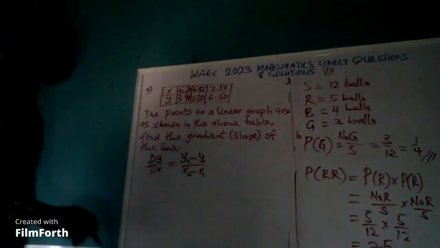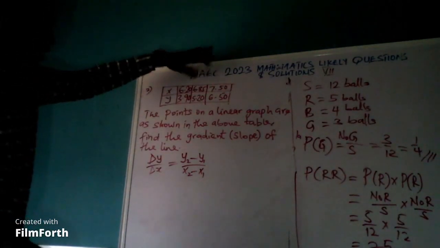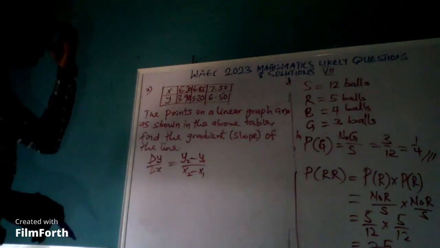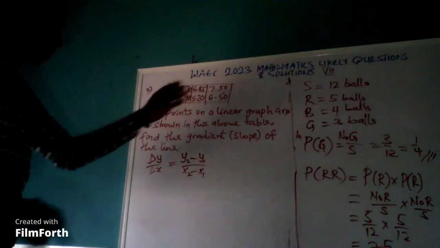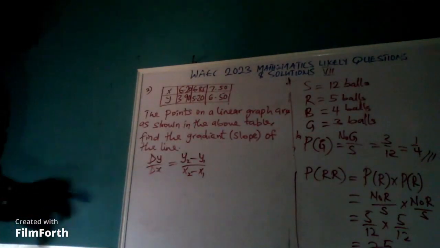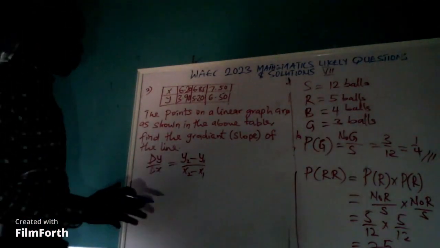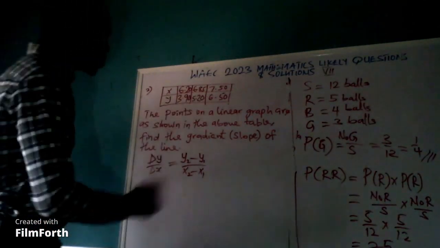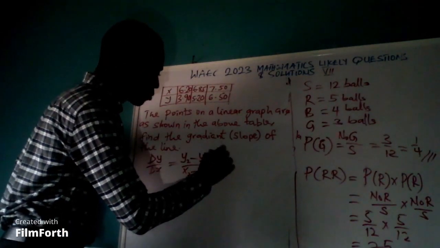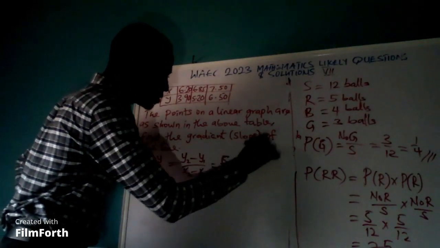With this, just choose any two values of x and insert them into this equation, and as well choose any two different values of y and insert them. You will get the result no matter what you choose, but just follow it as it is. Now as for me, I want to choose y2 to be 6.50.